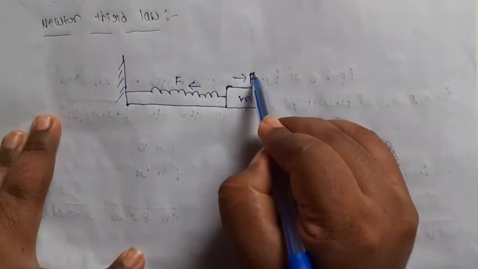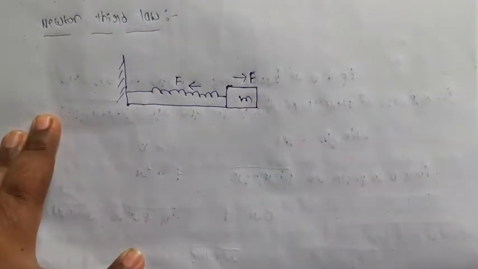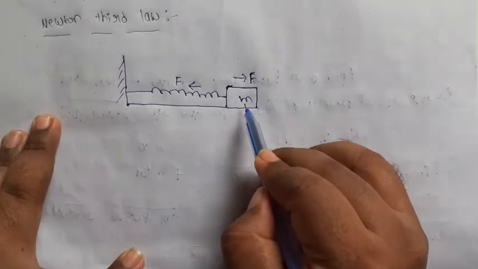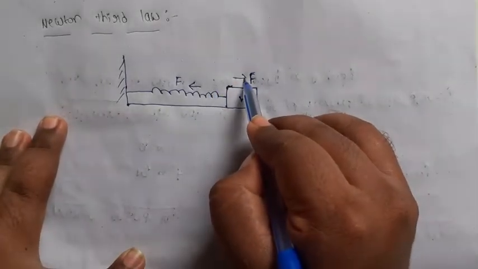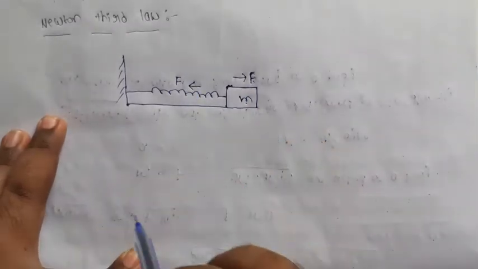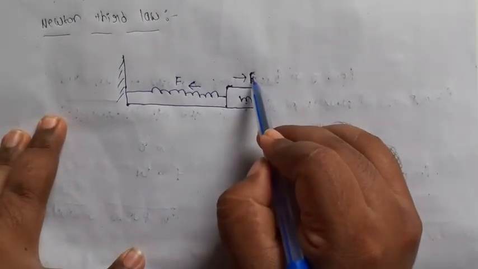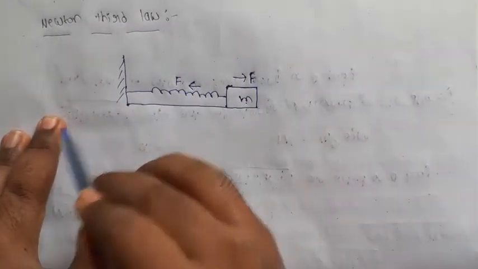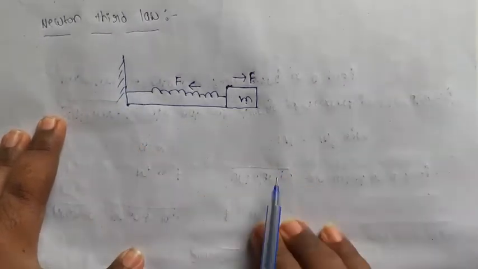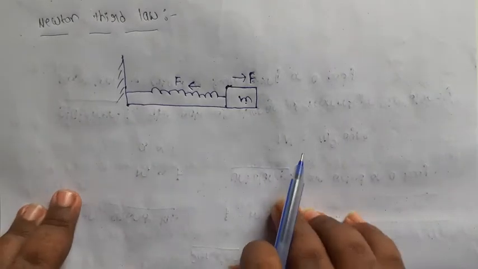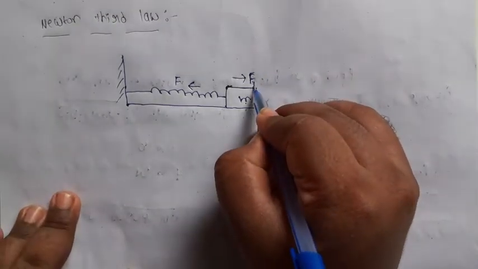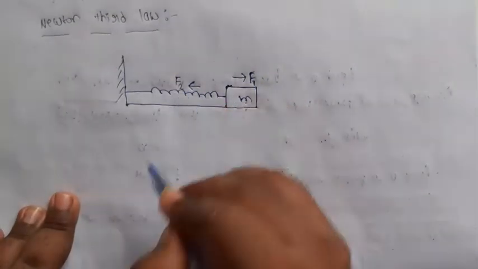Here this is the external force, which we apply on the object. In the same situation, through the spring, the same force is acting on the wall. So here two forces are acting. This is the force F1, this is the force F2.